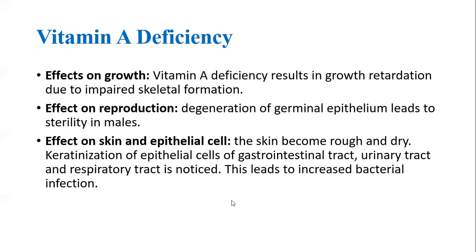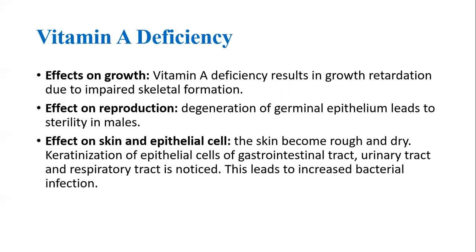And now we're discussing the deficiency effects on growth. Vitamin A deficiency results in growth retardation due to impaired skeleton formation. It also affects reproduction, because in men, in the process of spermatogenesis, the sperms are formed from primary germ cells.